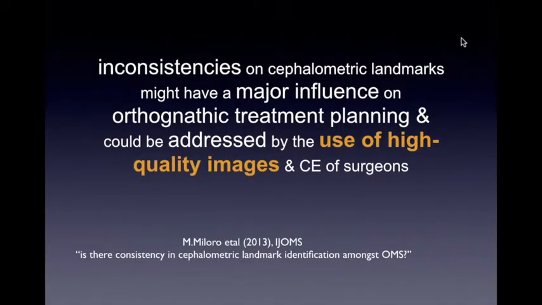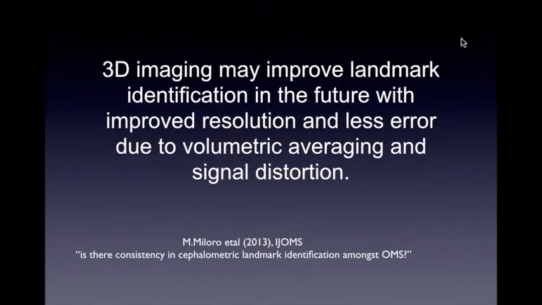That's why a lot of studies have come up with the importance of quality images together with the knowledge and skill of our clinicians or surgeons in order to come up with a better plan and therefore a more predictable outcome. 3D imaging has improved our way of looking into the landmarks or identifying features that before were not easily identifiable with our standard plain film radiographs.